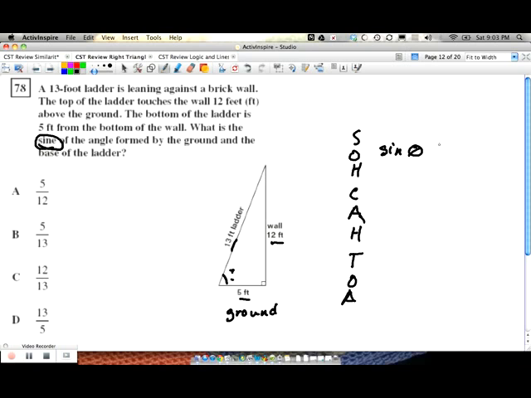Sine of theta is equal to opposite over hypotenuse. So we just have to figure out which piece is opposite and which piece is hypotenuse compared to this angle in the left corner. Well, the opposite would be 12, and the hypotenuse would be 13. So this should be 12 over 13.